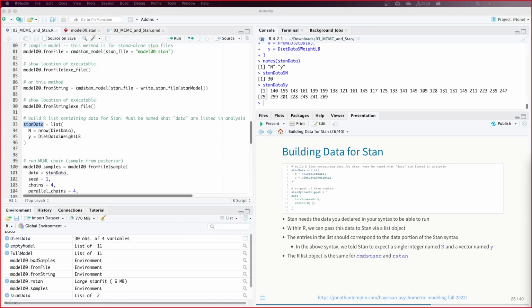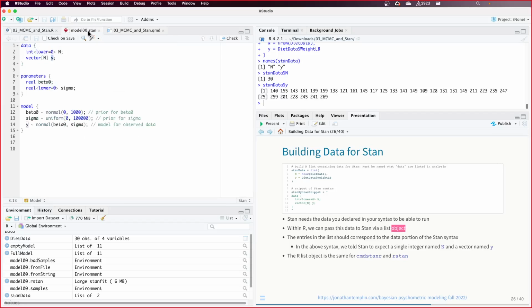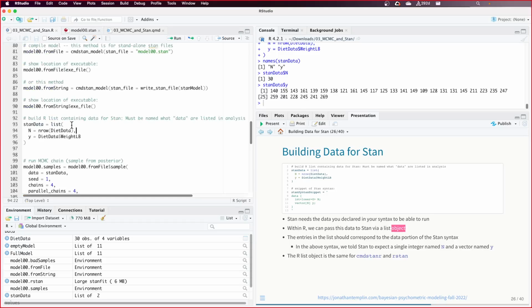Thank you. Okay, so we have our data. We will use this R list of data. So every time we have something else we need to add to Stan in terms of data coming in, like next week when we're going to have predictors, well, guess what? Predictors are going to be in their own matrix. We're going to tell Stan in the data section to expect a matrix of predictors coming in. And then in our R code, we will have to add that matrix of predictors to our data list.